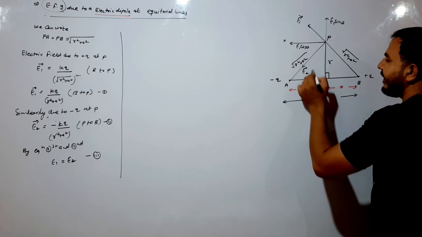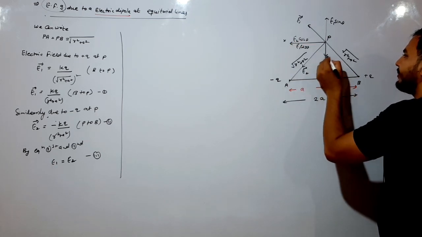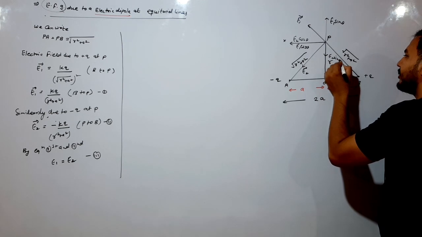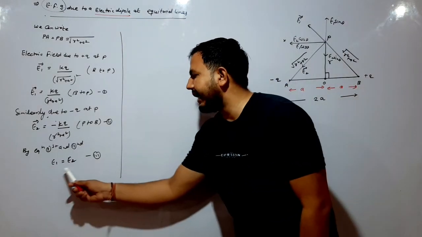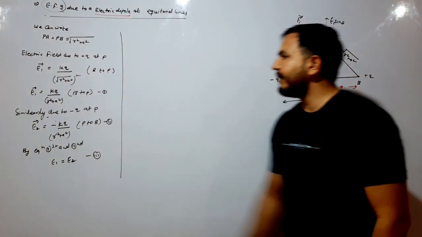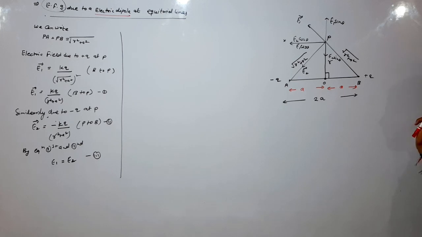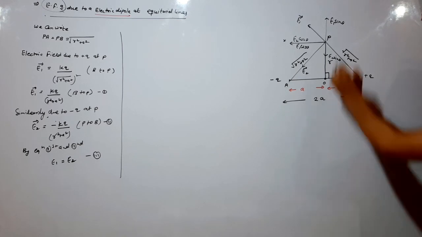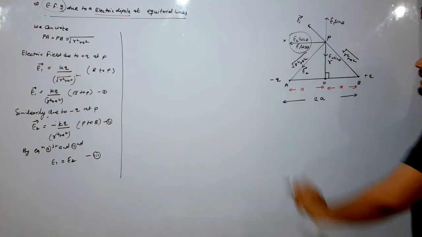Then the components of E2 vector are E2 cos theta and E2 sin theta. By equation third, E1 and E2 are the magnitudes of these electric fields. So E1 and E2 both are equal to each other, and these components are opposite to each other, so they cancel each other and the horizontal components are added up.